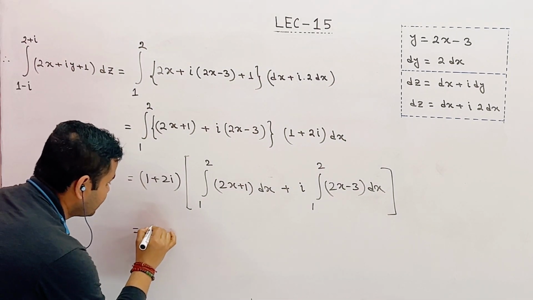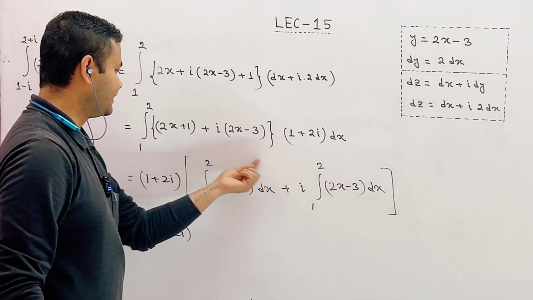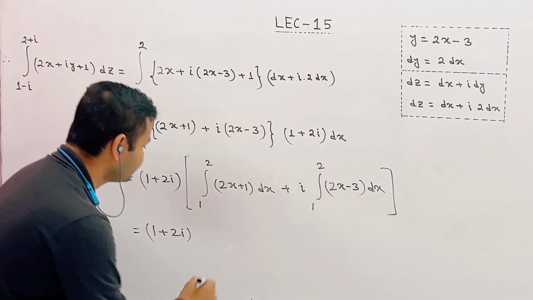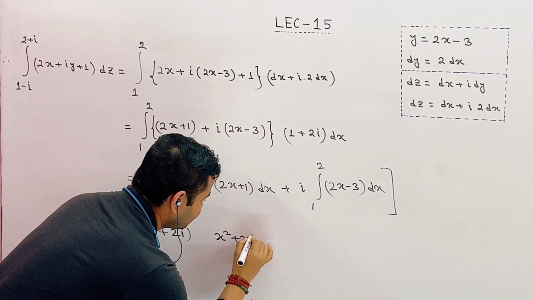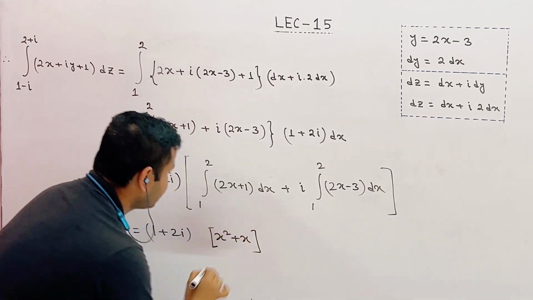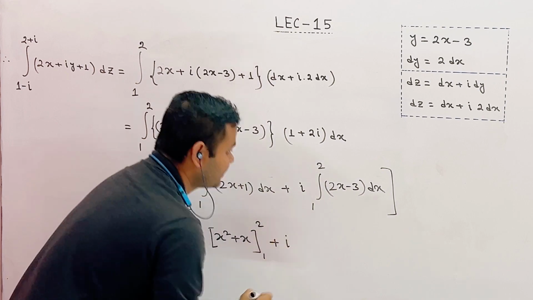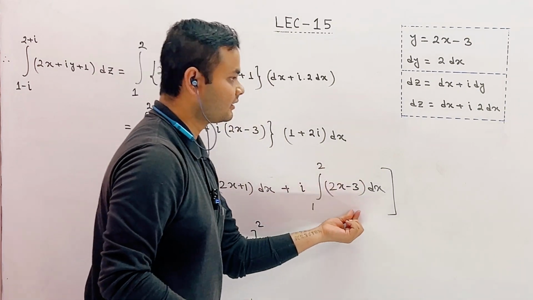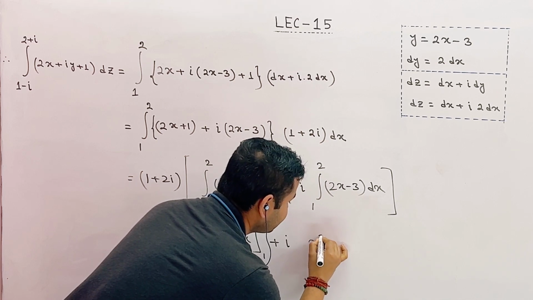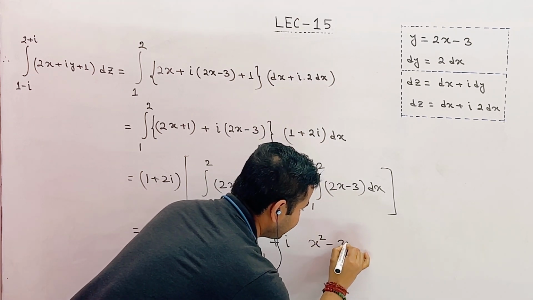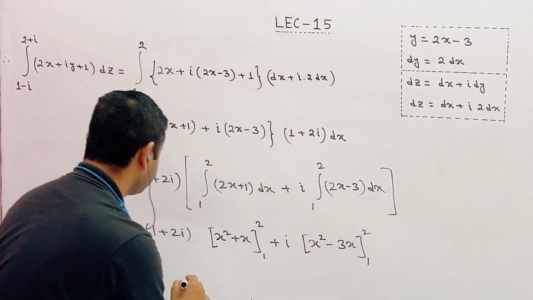Next, 1 plus twice iota. After integrating this part, we will get x square plus x, limit is from 1 to 2, plus iota. Again, let us integrate this term. After integrating, we will get x square minus 3x, limit is from 1 to 2.